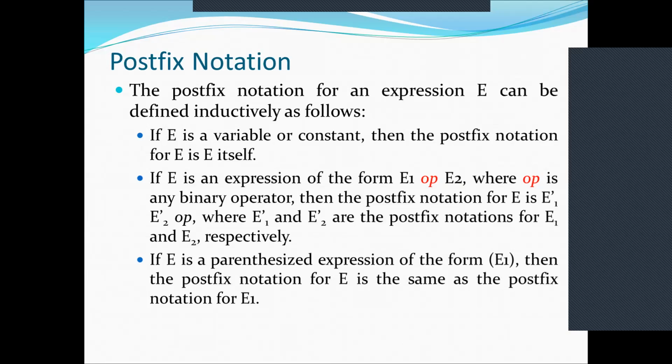If I say an expression is equal to E, that means there is only one variable or one constant. What will be the postfix notation? There is no operator, nothing is there. So the postfix will be E itself. If I say X is equal to A, where the expression contains only one identifier A, the postfix notation will be A also, because it doesn't have anything to be added or pre-added.